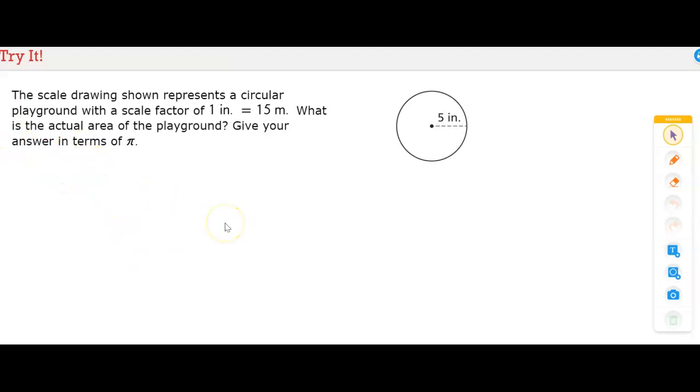The scale drawing shown represents a circular playground with a scale factor of 1 inch equals 15 meters. What is the actual area of the playground? Give your answer in terms of pi. We know the scale factor is 1 inch is equal to 15 meters. We also know that the formula for the area of a circle is pi times radius squared.